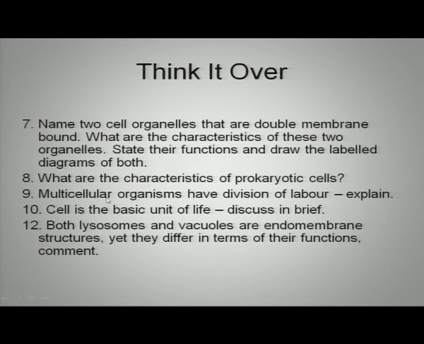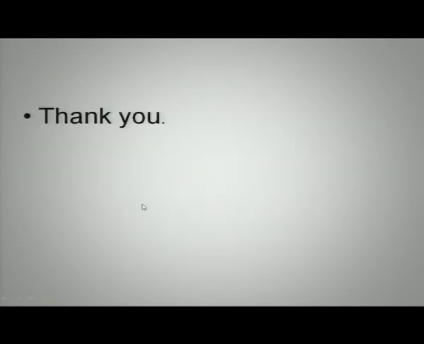The third question, multicellular organisms have division of labor. Explain. Fourth one, cell is the basic unit of life. Discuss in brief. The last question, both lysosomes and vacuoles are endomembrane structures, yet they differ in terms of their functions. Comment about it.